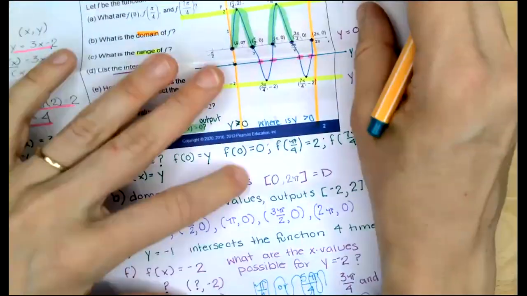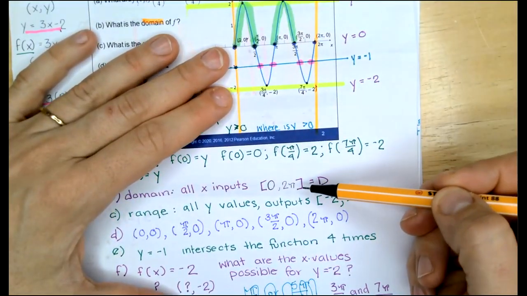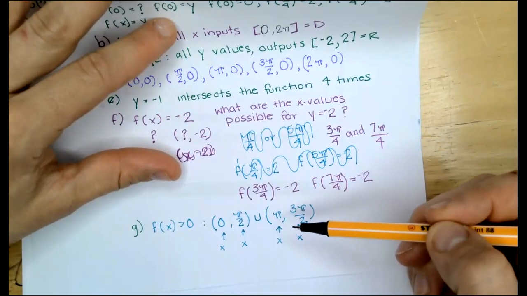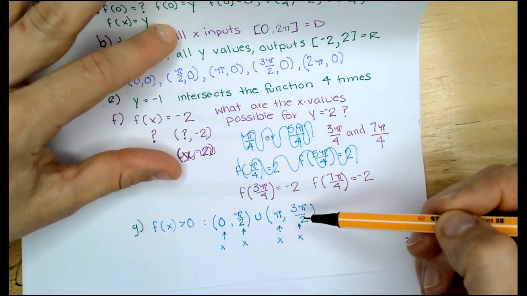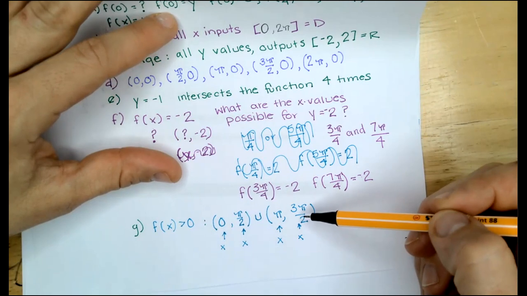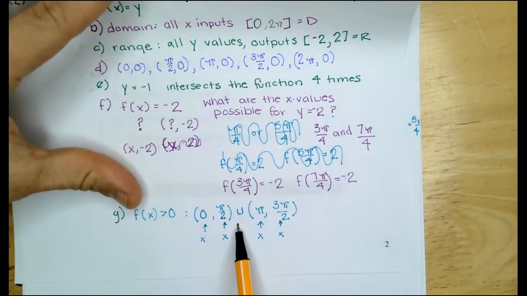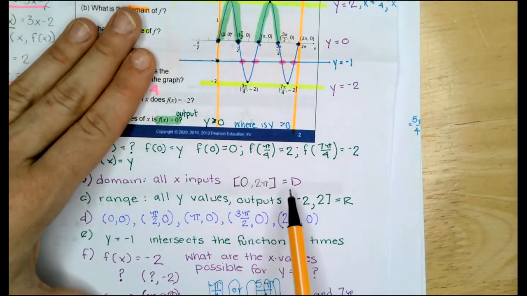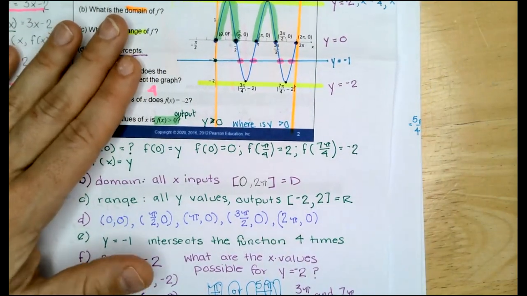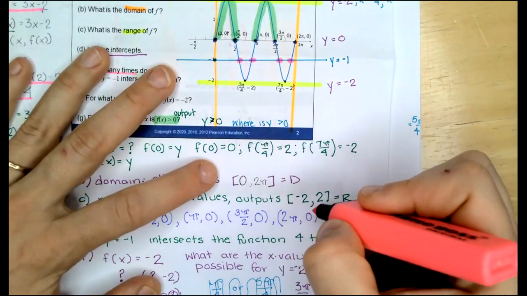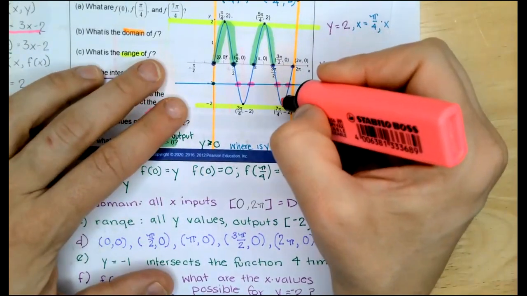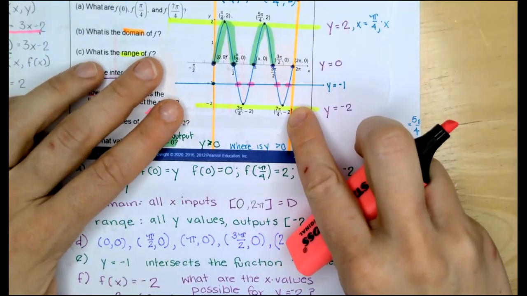Why up here for interval notation did I use the brackets and here I'm using parentheses? Pause it, see if you can come up with an answer. These are not intervals, these are points. The brackets are used because the interval includes negative 2.